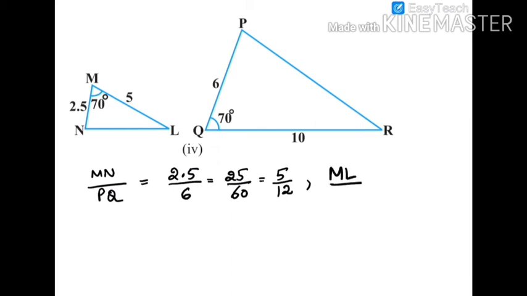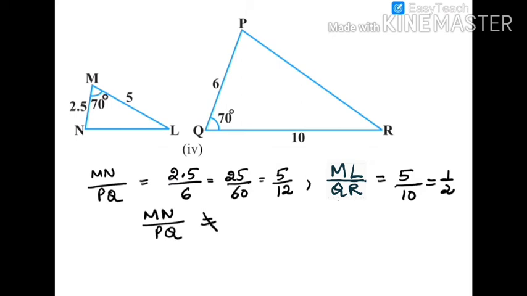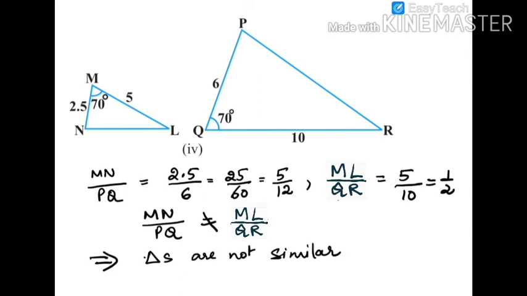Then ML on QR is 5/10, which is equal to 1/2. So clearly, the two corresponding sides that are given are not proportional. So we can directly say that the two triangles are not similar, even though one of its angle is given equal.